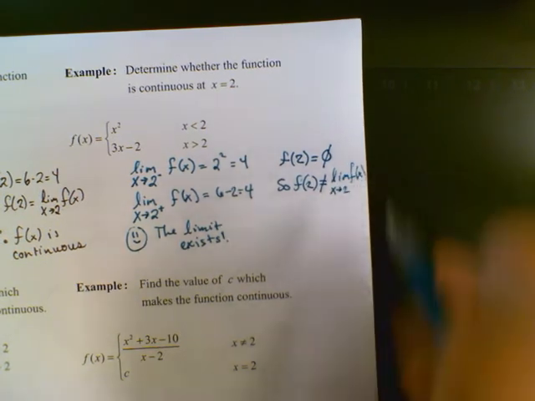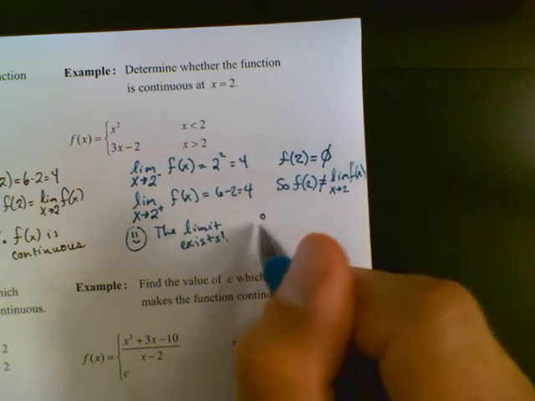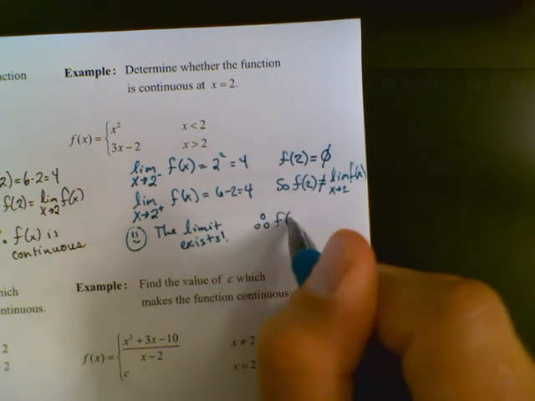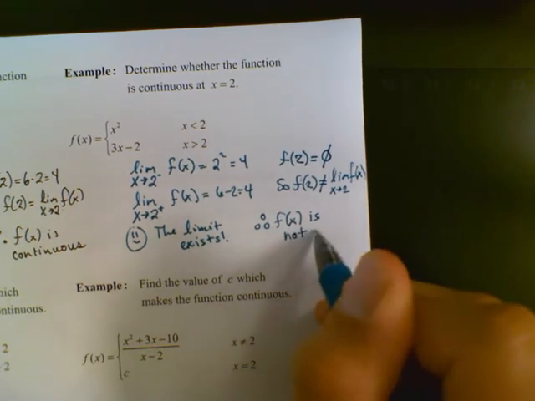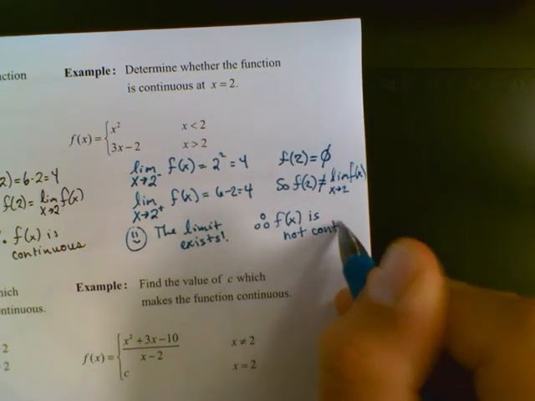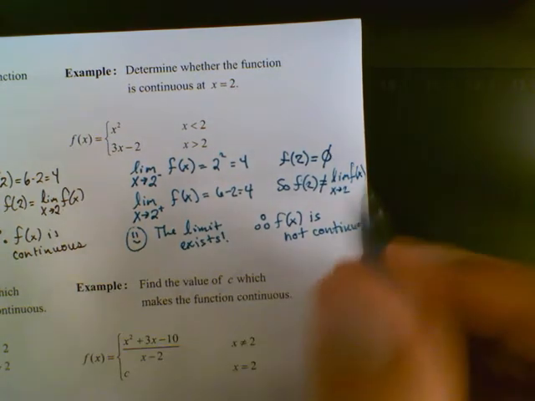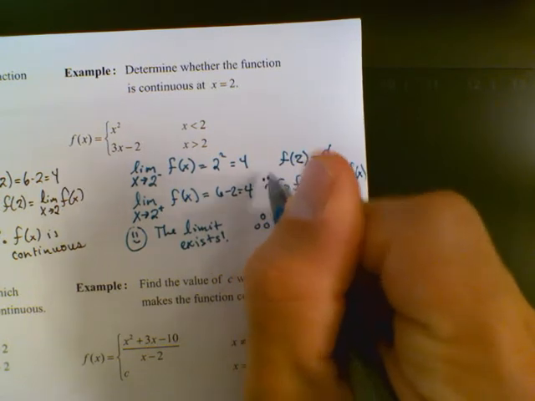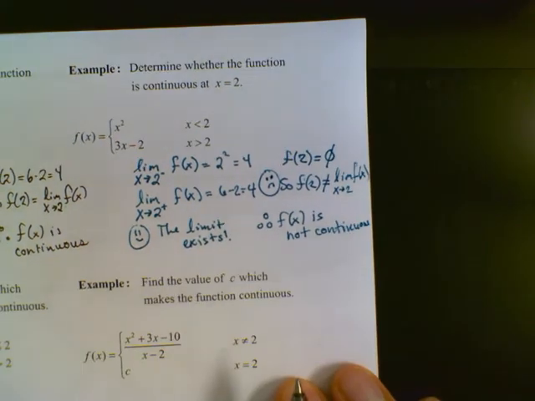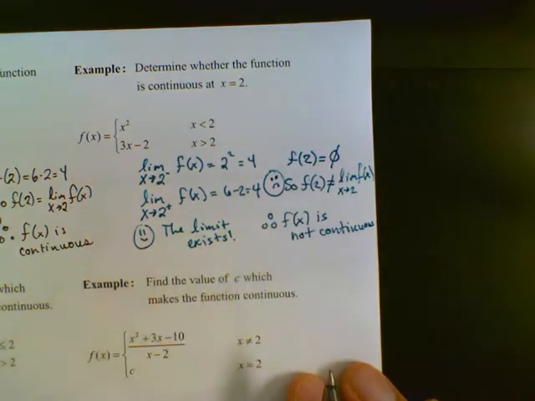Sorry for ending up on the side of my page there. So therefore, f of x is not continuous. Still on the side of the page, so sorry about that. So we're going to do like a little frowny face here, because this is where the definition of continuity is not met right there.